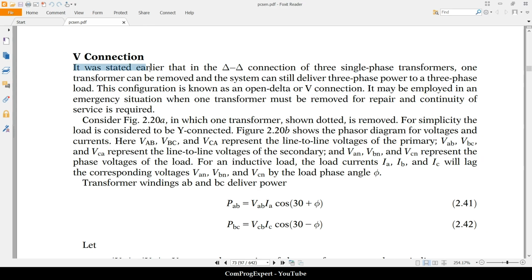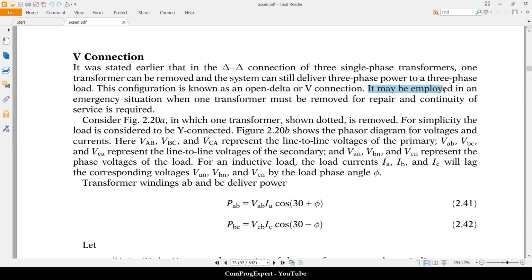It was stated earlier that in the delta-delta connection of three single-phase transformers, one transformer can be removed, and the system can still deliver three-phase power to a three-phase load. This configuration is known as open delta or V connection.